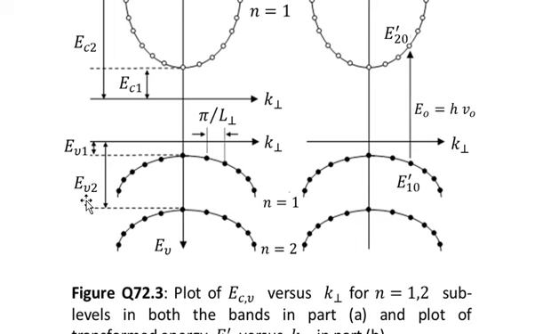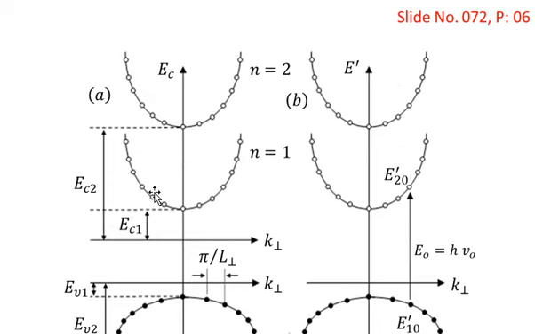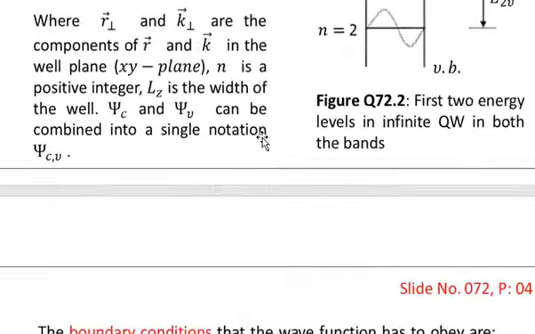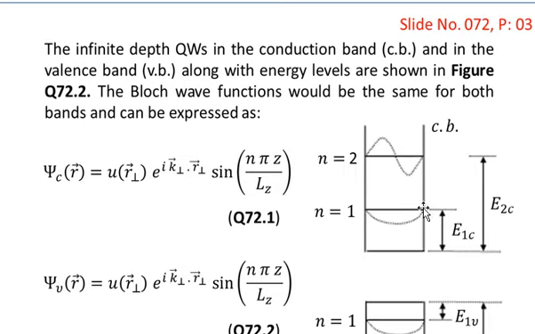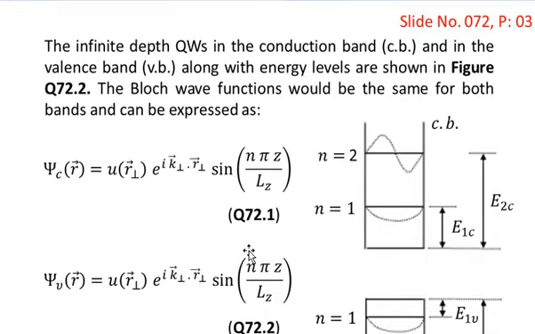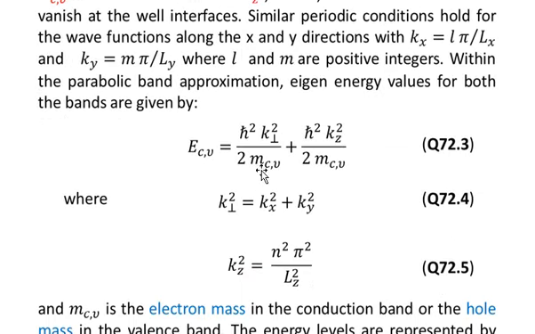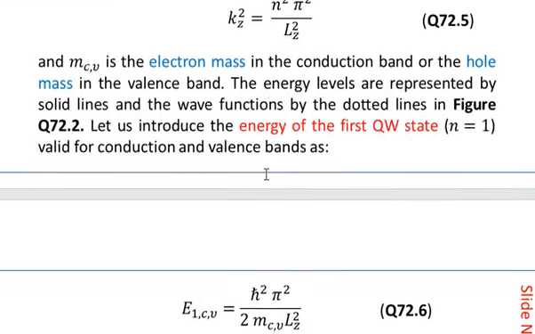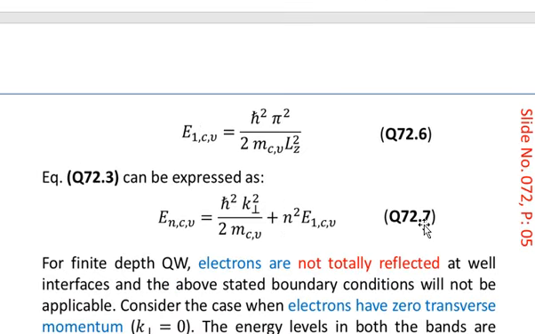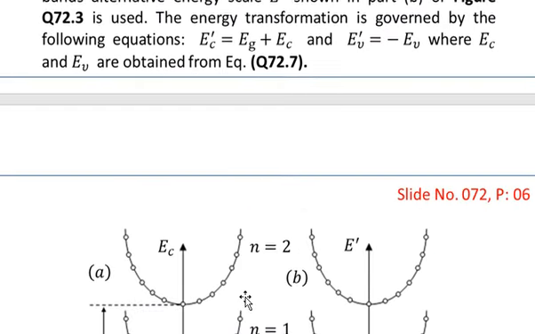And similarly for the conduction band, there are two states, n equal to 1 state and n equal to 2 state. For example, over here we have two states represented by a line, n equal to 1 and the line corresponding to n equal to 2. But in reality, when we plot these energies that we have obtained, for example in equation number 72.3 or equation number 72.7, versus the k number, we get parabolas.